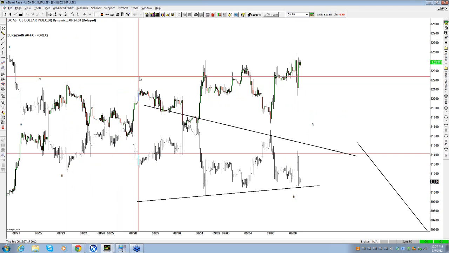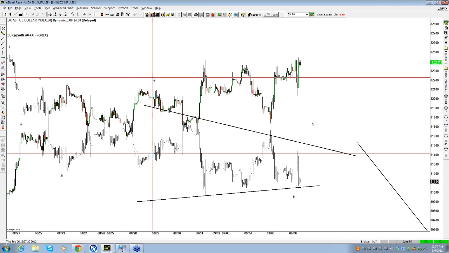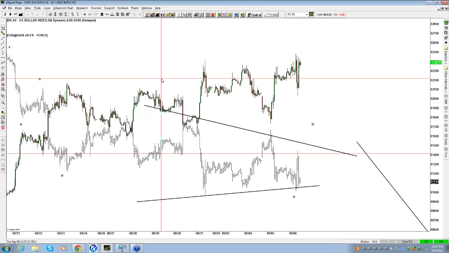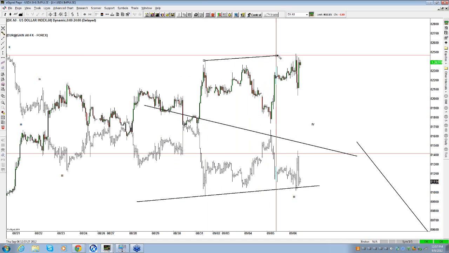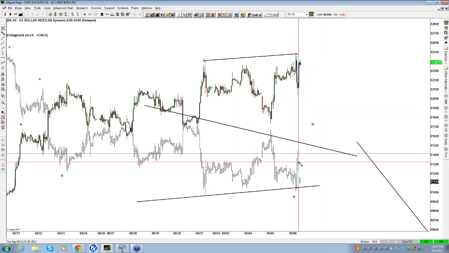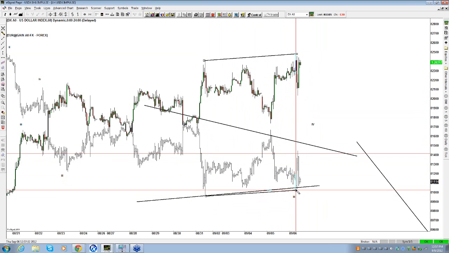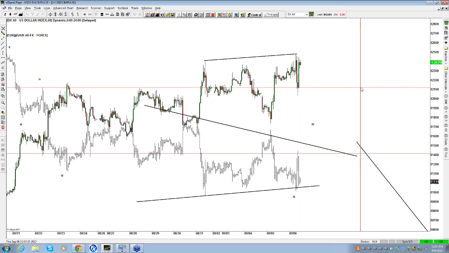Better say up to here, they were together, and then the only difference is that the euro makes a new high here, and the dollar does not. That's something right there. It's telling something, and you need data. You need data to get a better fit.